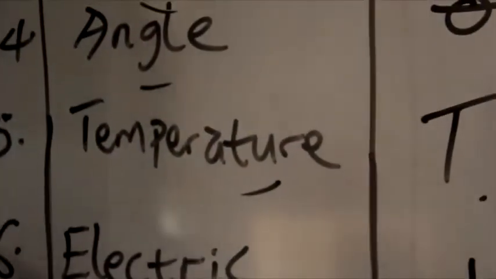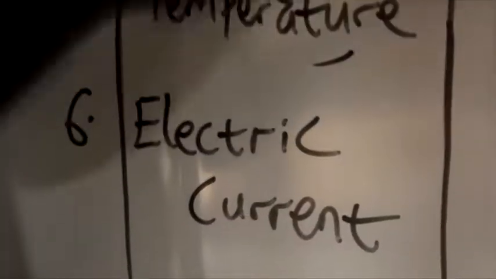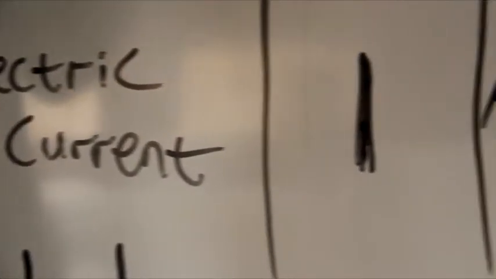Time, the symbol is T, measured in seconds. Note that there are other units of these quantities. So we have angle, and we have temperature in Kelvin. Note that there is degrees Celsius and degrees Fahrenheit, but Kelvin is the SI unit. So we have electric current. The symbol is I. It is measured in ampere. The SI unit is the ampere.